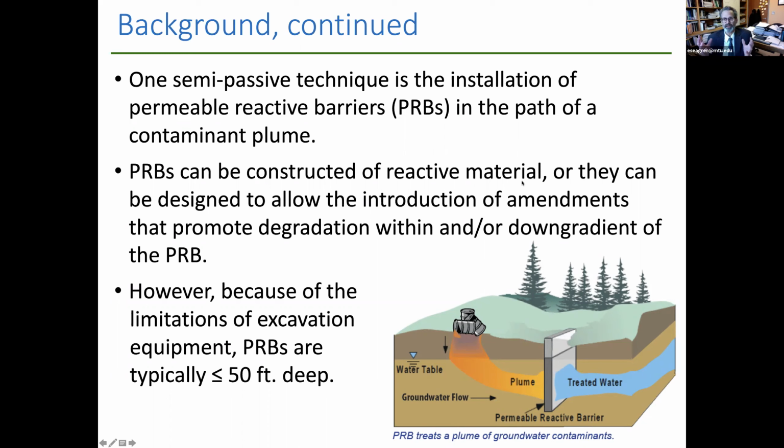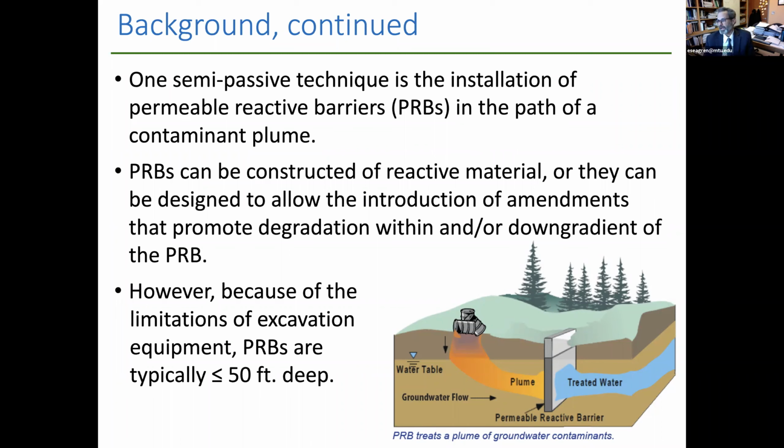So this could be activated carbon to sequester and absorb the contaminant, or zero valent iron to release electron donors to stimulate reactions, or it could be amendments that introduce reactants that are required to promote the reactions within the barrier and downgradient of the barrier.